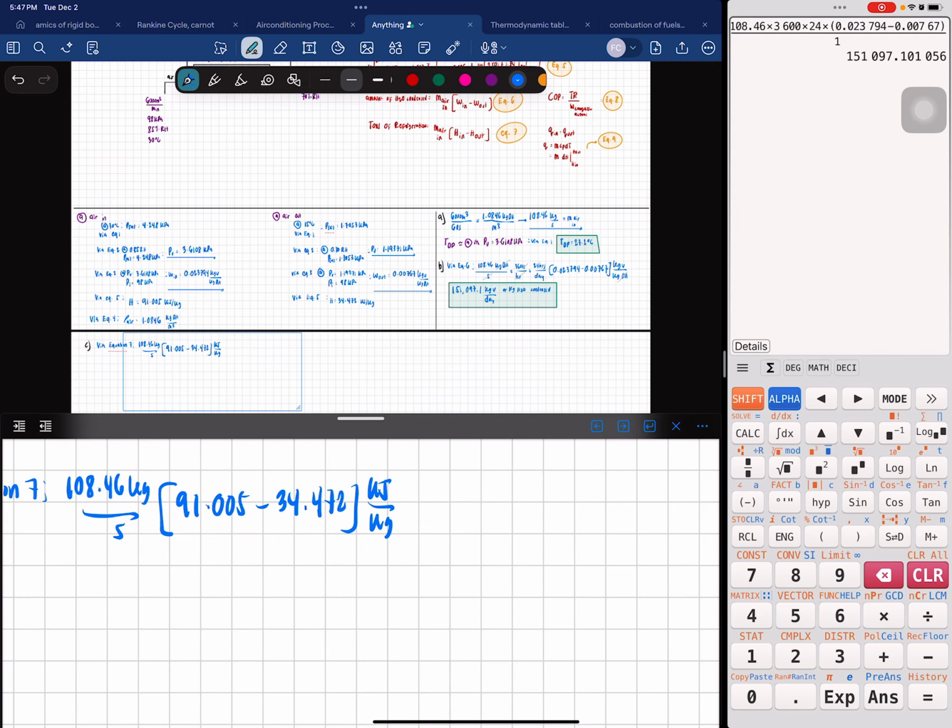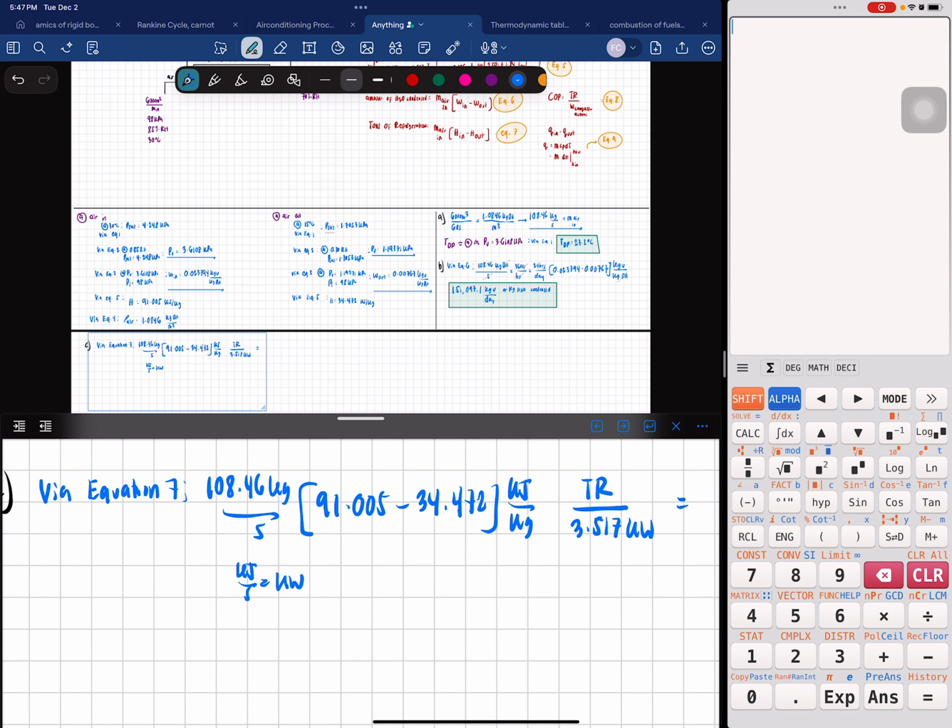Now we want this to be in tons of refrigeration. So know that every kilojoule per second is equivalent to kilowatts, and every 3.517 kilowatts is 1 ton of refrigeration.